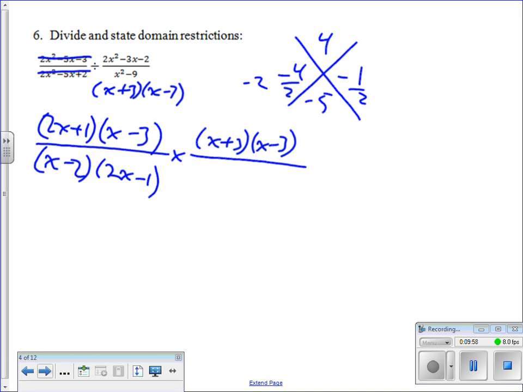So x can't be 2, can't be 1/2, can't be plus and minus 3. So right now, x can't be 2, 1/2, plus and minus 3. I might need to add something depending upon my final answer. I won't know until I'm done.